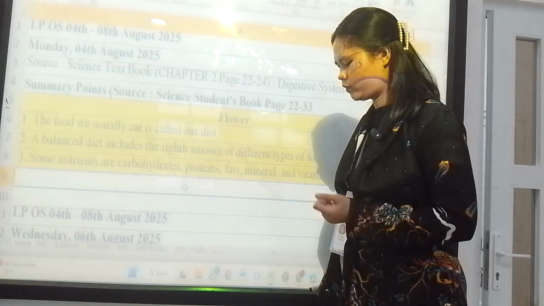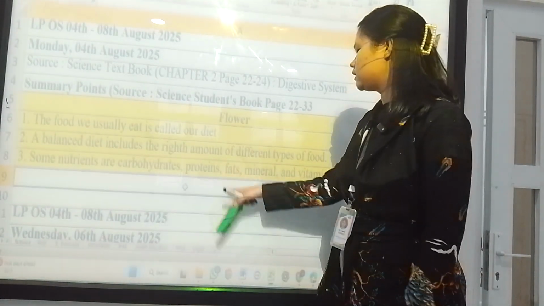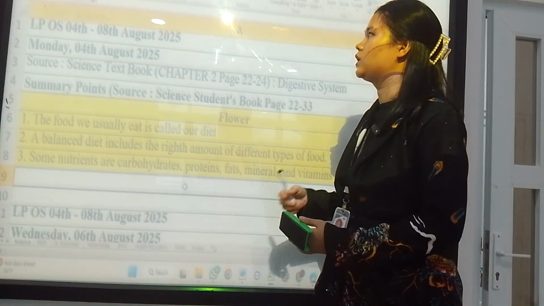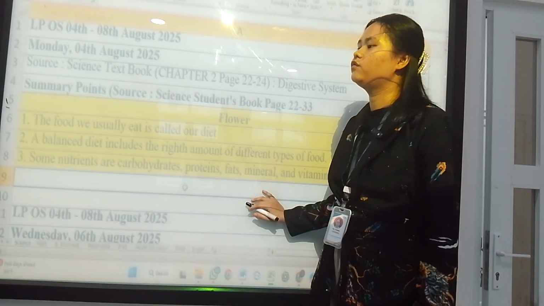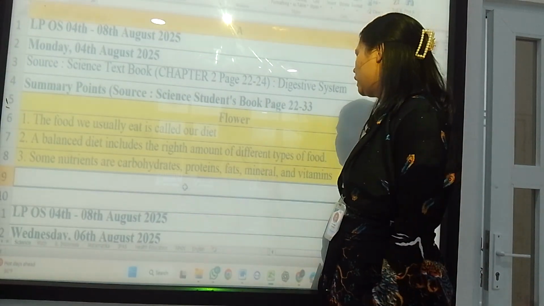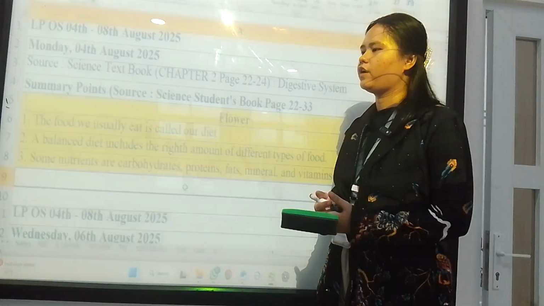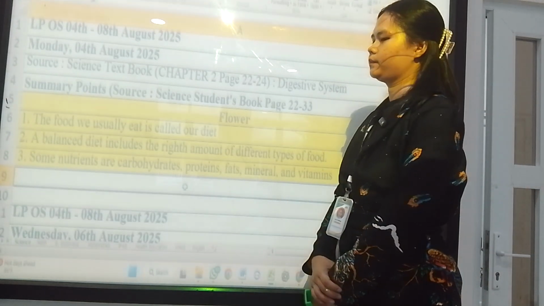We can also find natural protein, like tempeh in Indonesia. And the fats we can find from the heart of chicken. I don't know the name. And the vitamins and the minerals we can find in the vegetables or fruits that we eat.